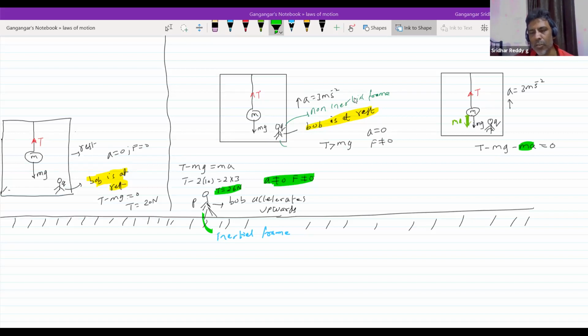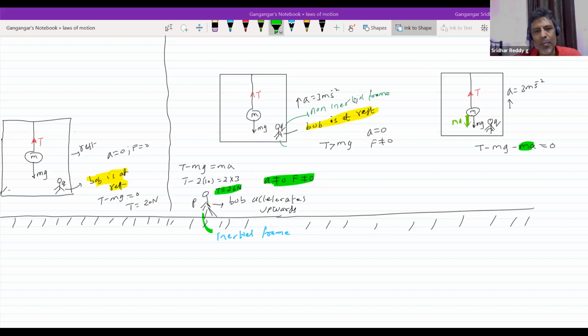Therefore pseudo force should be opposite to the acceleration of the lift, ma downward. What is m? Mass of the system. What is a? Acceleration of the non-inertial frame. So will this ma be seen by person Q? No, nothing. The person who is solving the problem is going to introduce this ma in the non-inertial frame. In the ground frame, it is not needed.